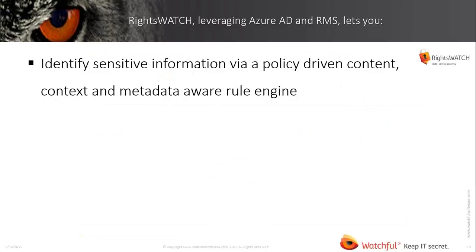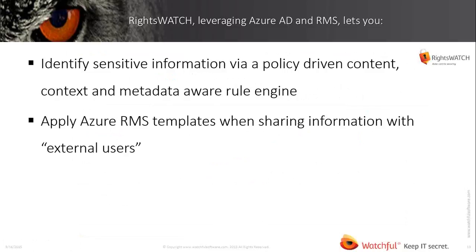Not only that, instead of asking the user to apply viewer, reviewer, co-author, or anything like that, which they can, of course, you will have the ability to apply those Azure RMS templates, following and applying corporate policy, whenever you're sharing information with those external users.